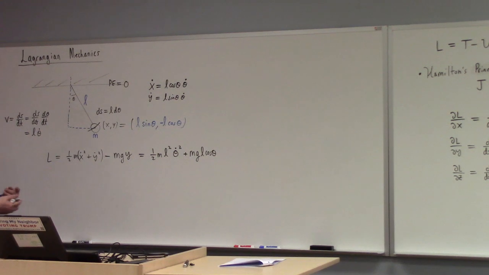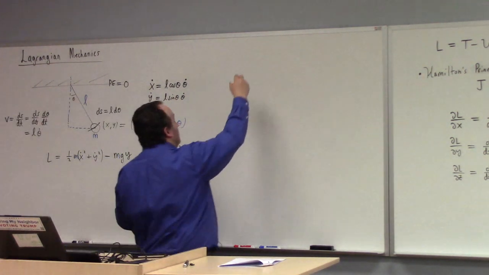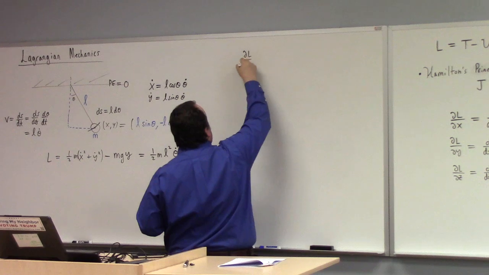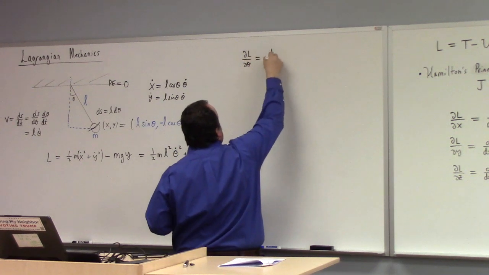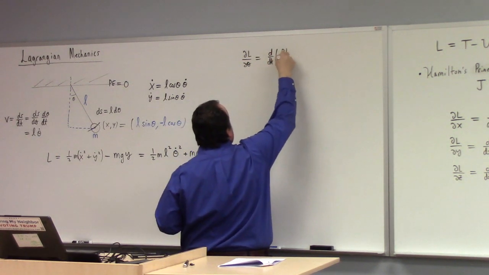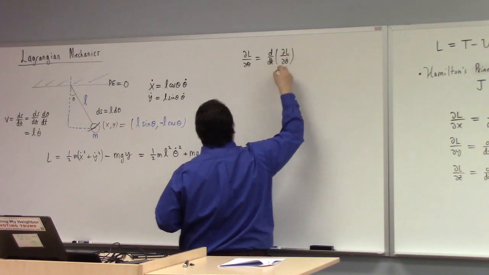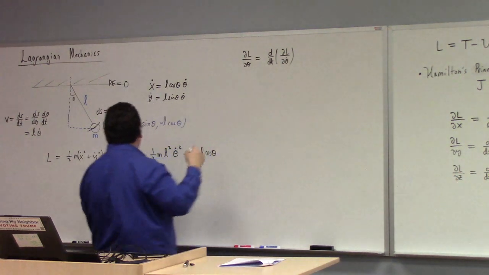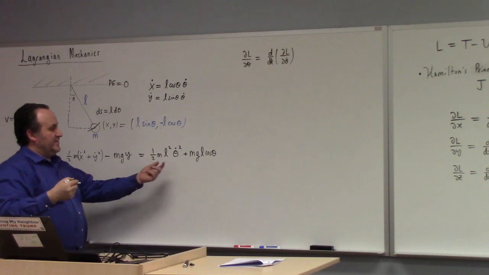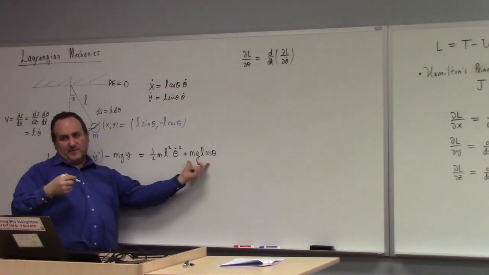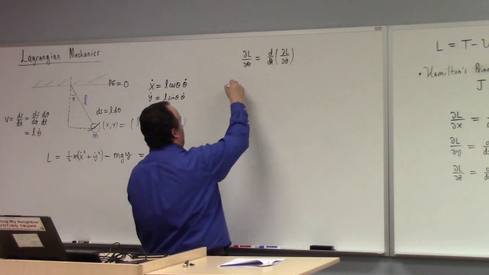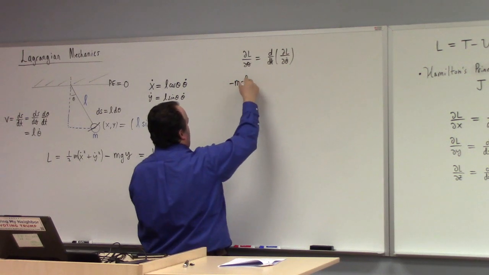So my Lagrange equation: partial L partial theta minus d dt partial L partial theta dot. Well, what is it? This time it's interesting, right? Partial L partial theta is actually something. It's minus mgL sine theta, yeah?